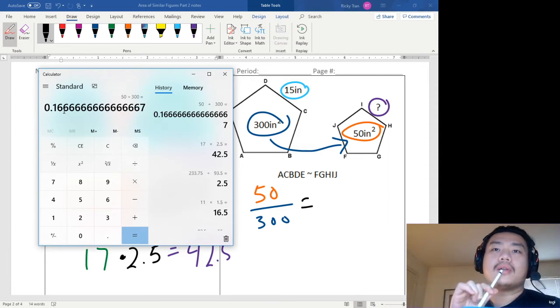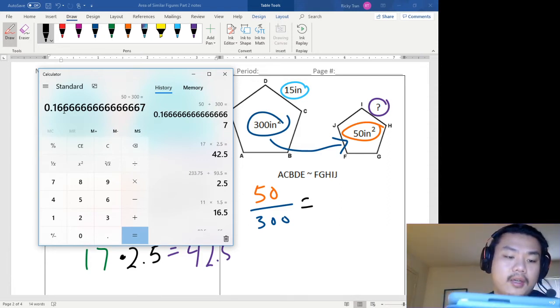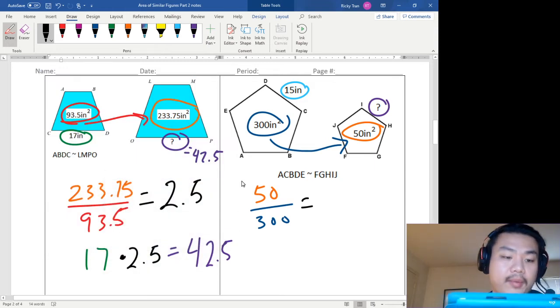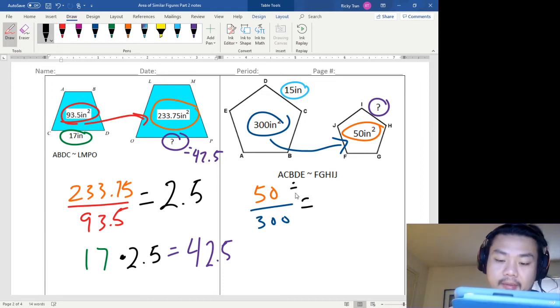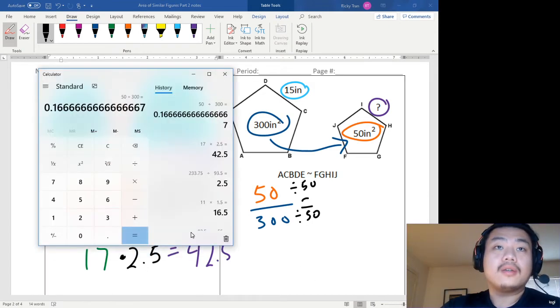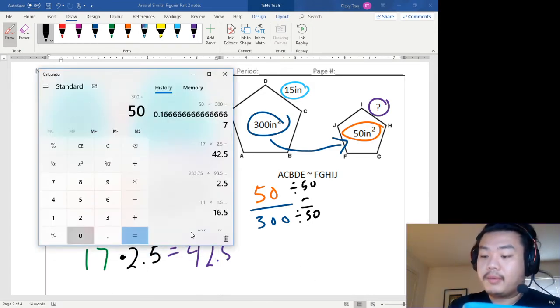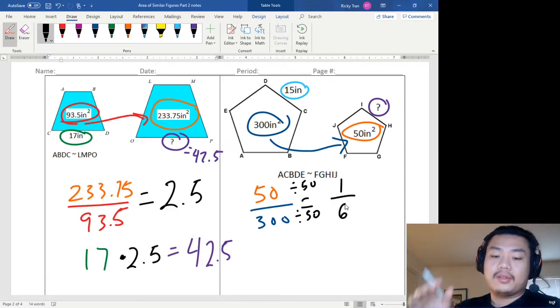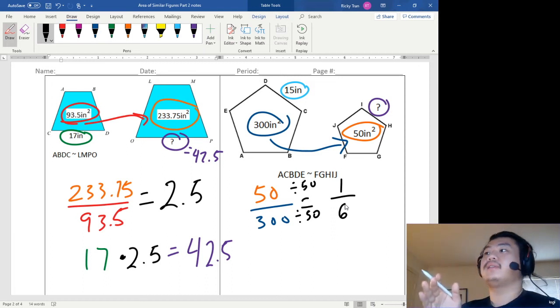Let's just shrink that. I believe if we just divide the whole thing by 50, we're going to get 300 divided by 50, which is 6, or 1 over 6. Okay, so this is 1/6 the value.